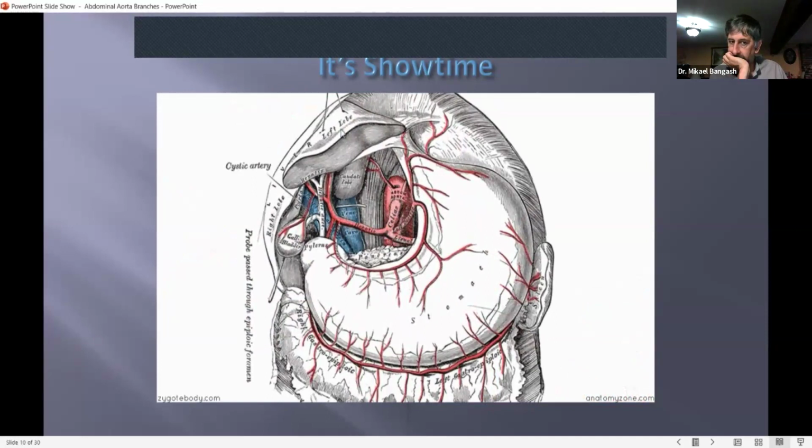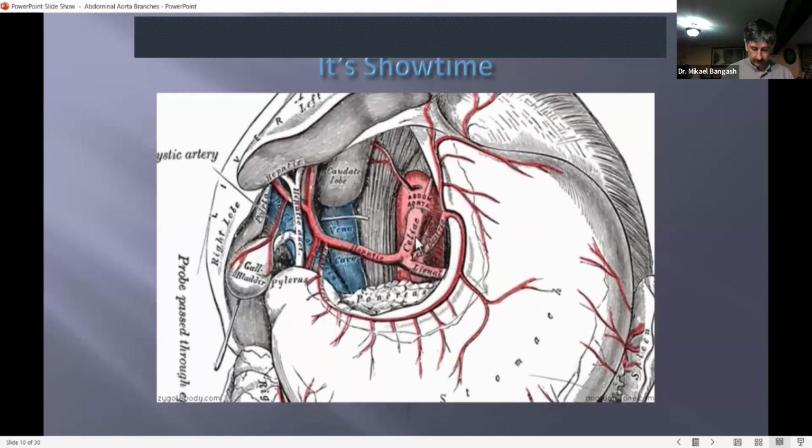To the right we've got a dissected liver, so you've got a little bit of the left lobe of the liver up here, and the gallbladder is revealed because the liver's been pulled away. On the left we've got the spleen, and we've got the inferior vena cava sitting to the right of the aorta. So first we'll talk about the left gastric artery.